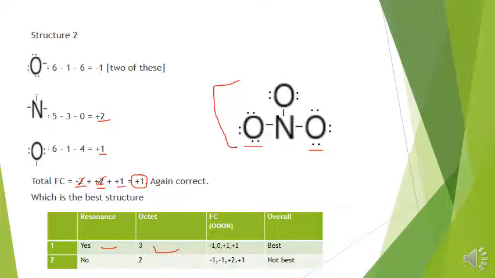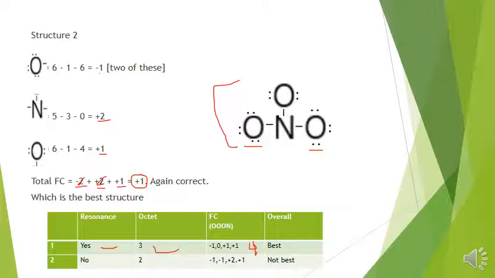The formal charges were minus 1 on oxygen, a 0, plus 1 on oxygen, and a plus 1 on nitrogen. Just to let you know, there's 4 formal charges here. That's not really great, but maybe the next structure will be better or worse.